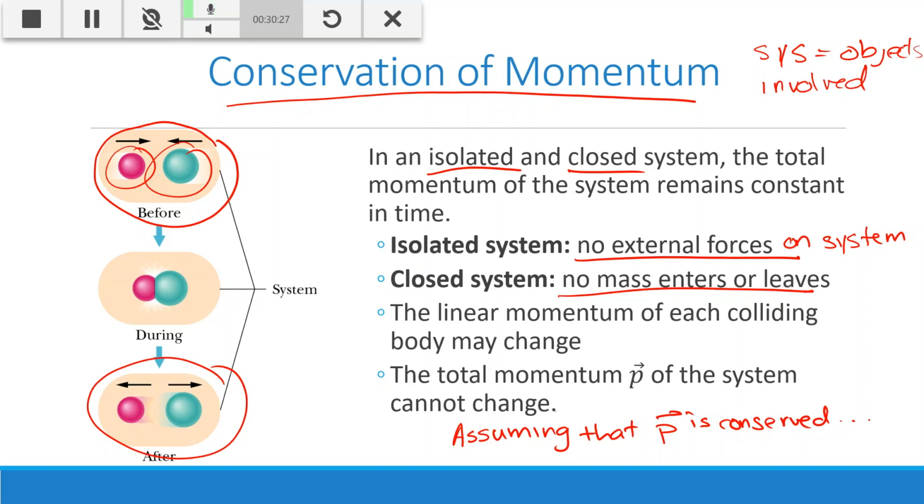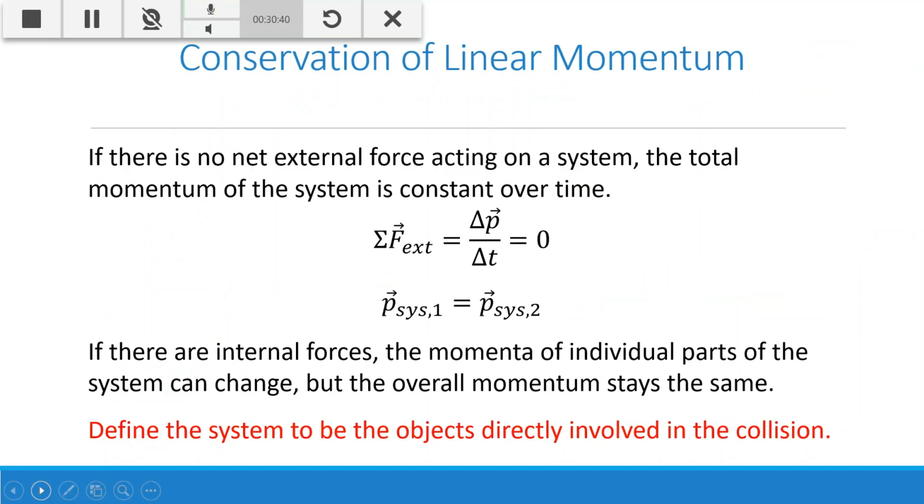Okay. What conservation of momentum will allow us to do is find the velocities of different objects before and after collisions. Taking a look at Newton's second law, the net external force is equal to the change in momentum over time.